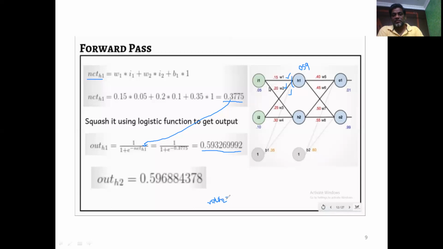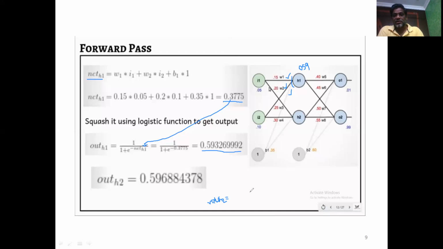Because net H2 is connected with W3 and W4, it becomes W3 into I1 plus W4 into I2 plus B1. I repeat, W3 into I1 plus W4 into I2 plus B1. That is the formula for net H2.